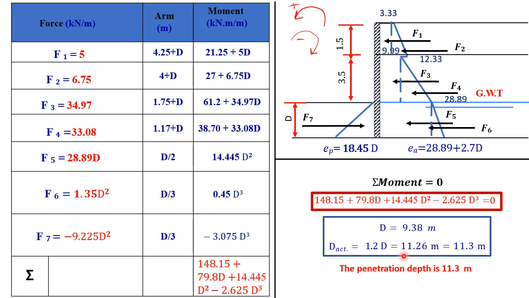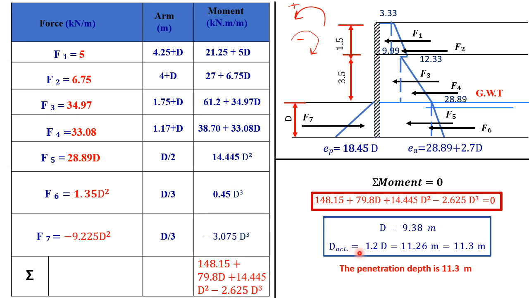and we have to take another factor of safety. I know that we have taken a factor of safety in the passive resistance. We have only taken 50% of the passive resistance. However, we take another factor of safety in the penetration depths. This is my d design, or d, which I got from this equation, 9.38, but we usually increase it by 20 to 40%.